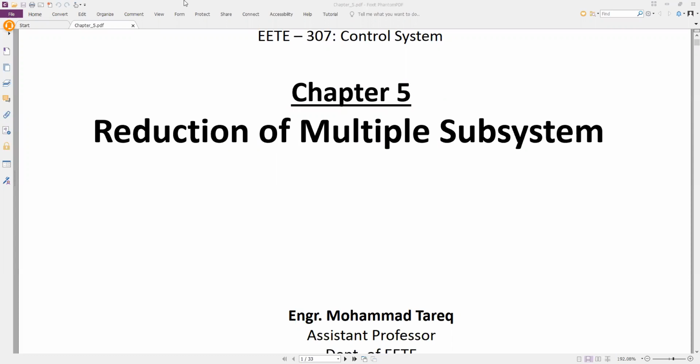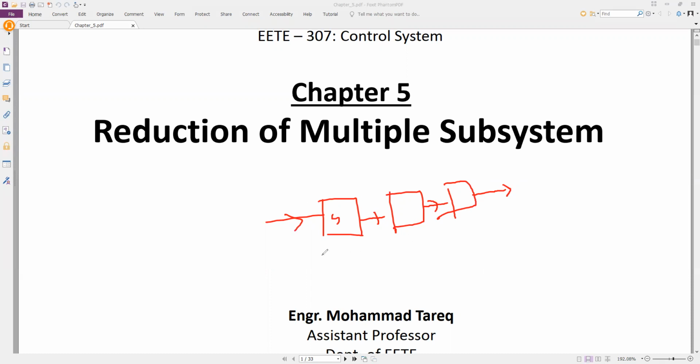So if you have multiple blocks like this, say this is one block, this is another, like this, say 1, 2, up to many blocks are there.